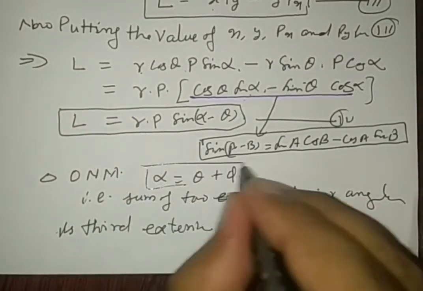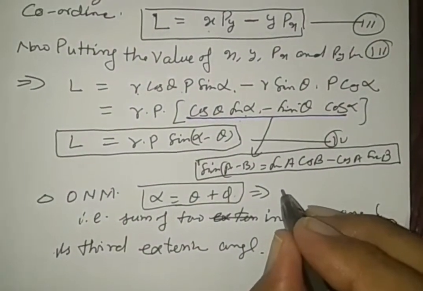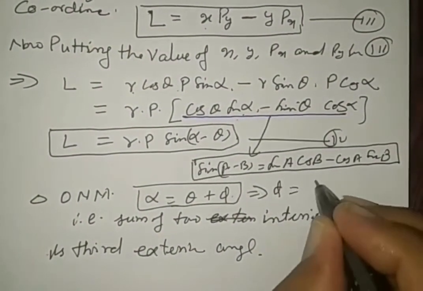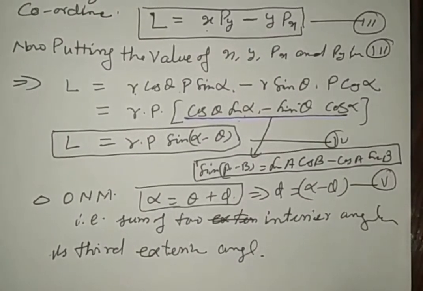So we may say phi is equal to alpha minus theta, represented as equation number 5.